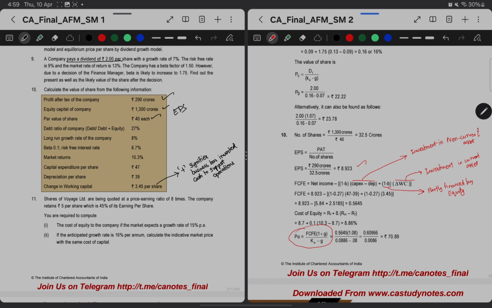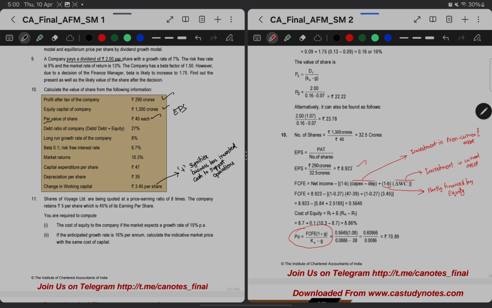So 290 crores, which they have already given, and the number of shares is 32.5 crores, 1300 crores divided by par value of share 40. 290 divided by 32.5 will give us 8.923.